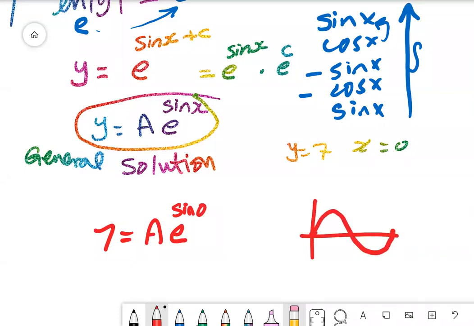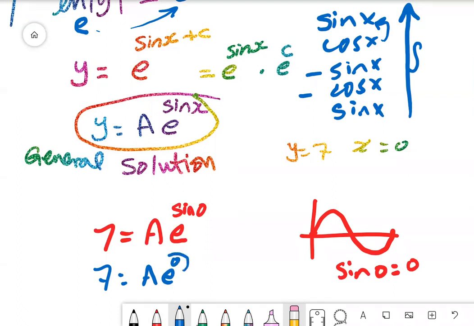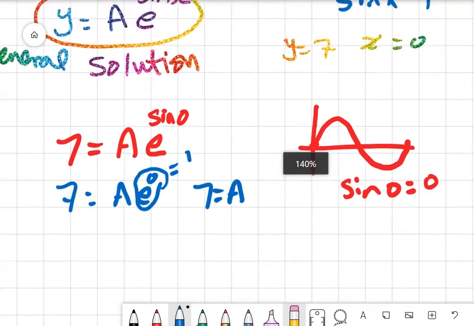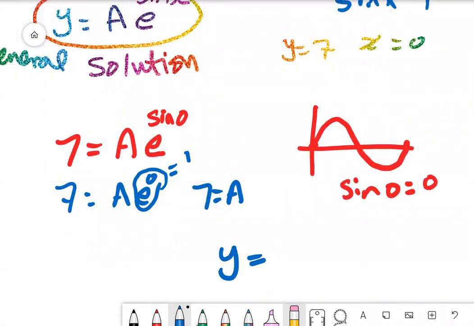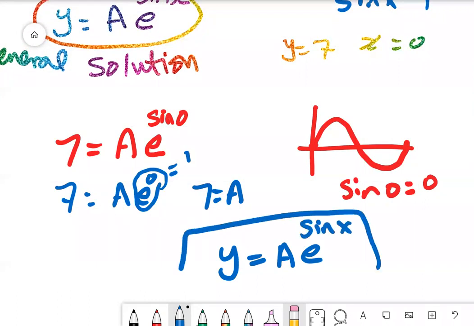Sine 0 equals 0, so e to the power 0. 7 equals a e to the power 0, and e to the power 0 is 1. So 7 equals a, and therefore the constant is 7. So we can write the equation as y equals 7 e to the power sine x. This is as a specific point. And that's it.